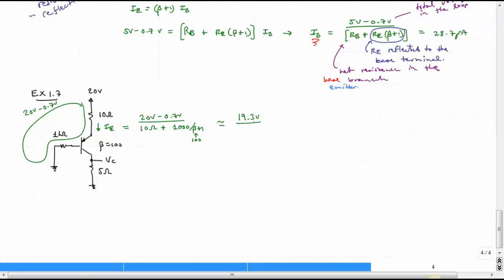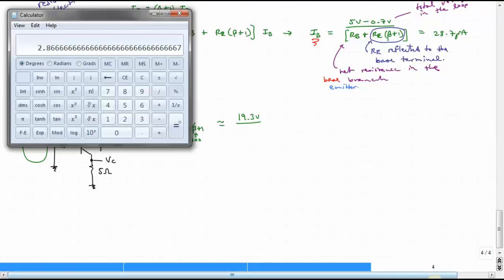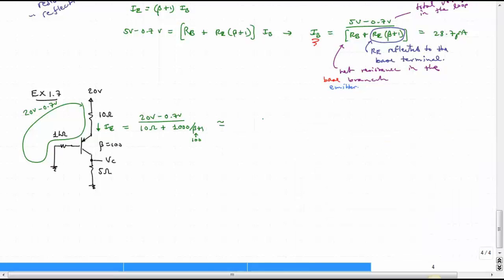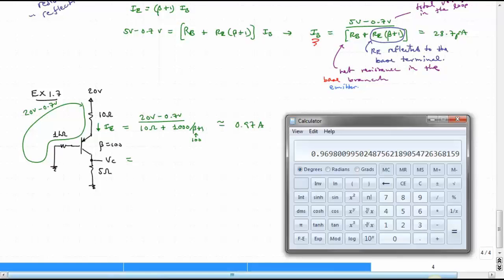19.3 volts over 20, why not, let's just do it precisely. We have 1,000 divided by 101 plus 10, inverse, times 19.3, and we get 0.97 amps. And so this is approximately 0.97 times 5, 4.85.